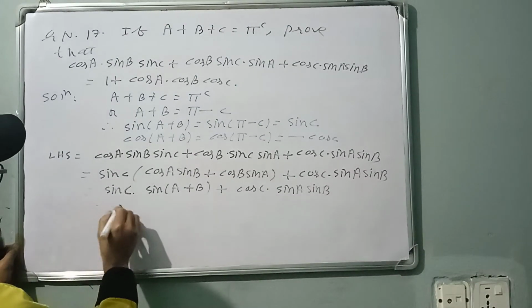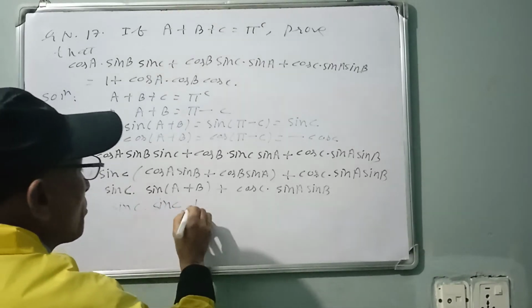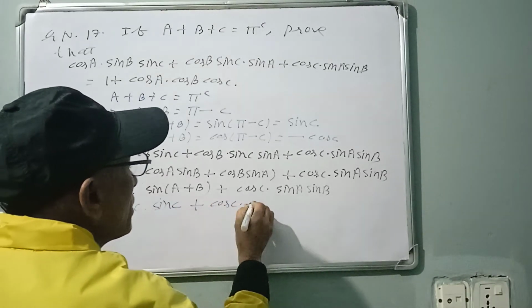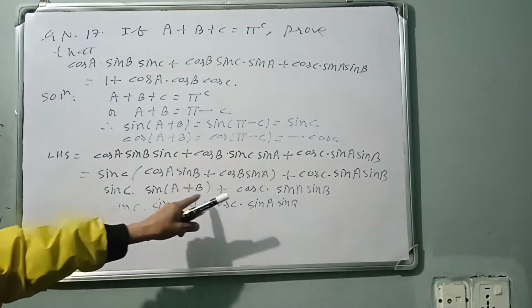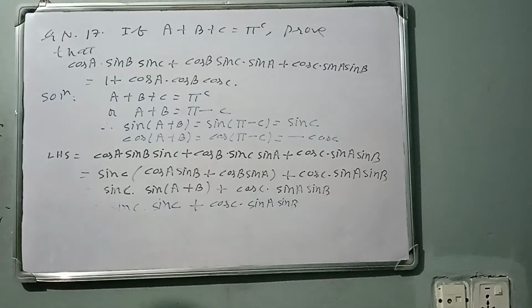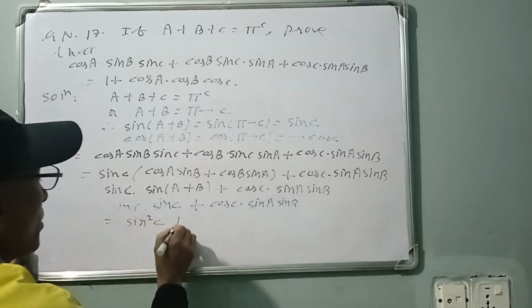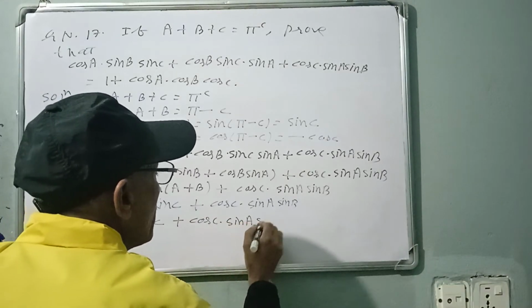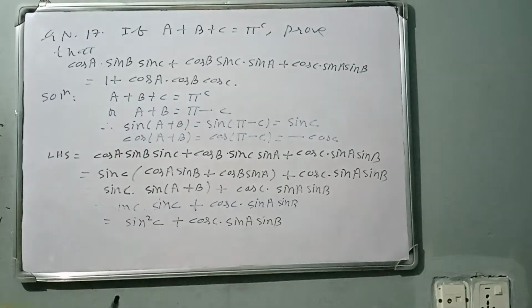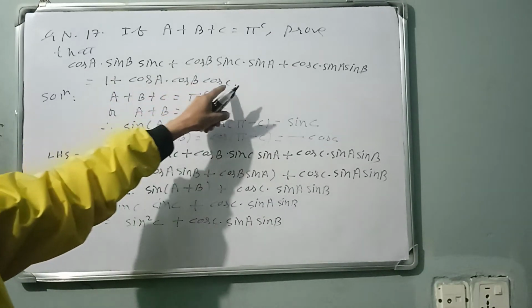Then you write sin C, since sin A plus B equals sin C, already proved. So sin C into sin C is sin square C, plus cos C into sin A sin B. What is to prove? The RHS: 1 plus cos A cos B cos C.